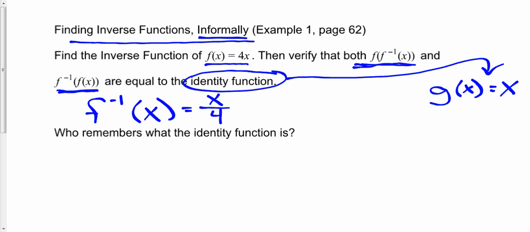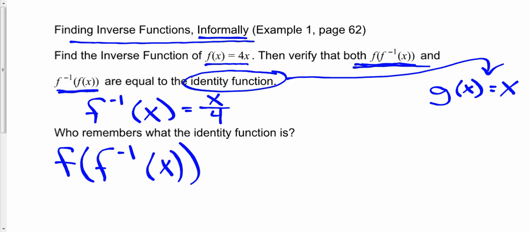Let's start with this. So we're going to say f of f to the minus 1 of x. I want to see what that equals. So what is f to the minus 1 of x? I want to know what that is. What is that, Violet? What I just underlined? It's up here, right?